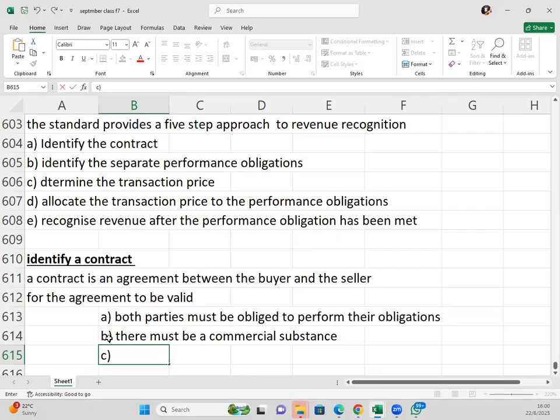Then the rights and obligations of each party must be clearly stated.